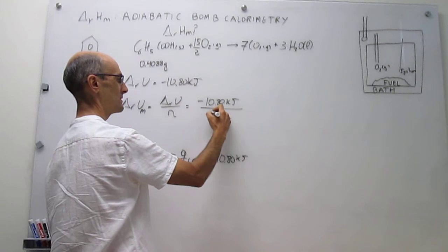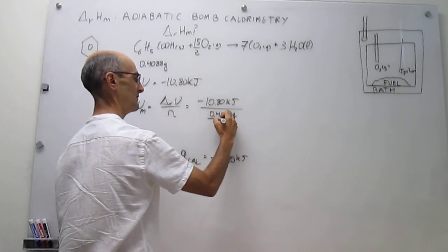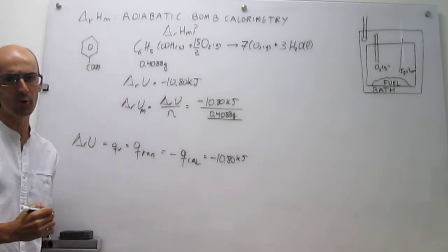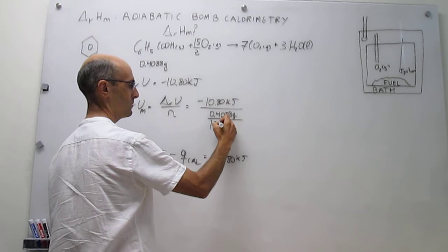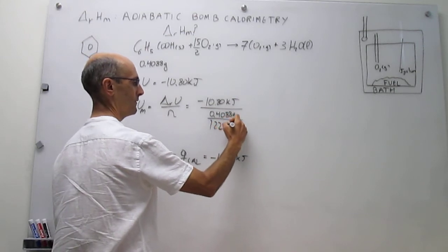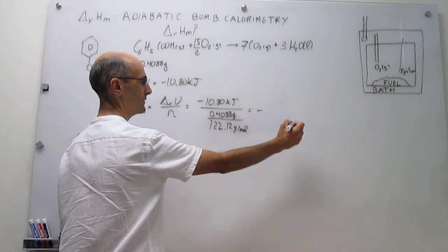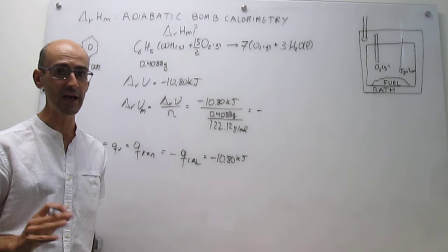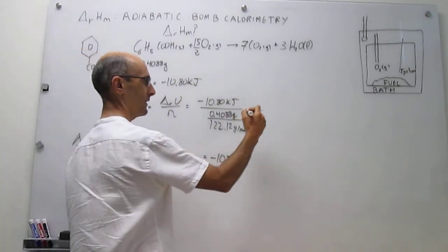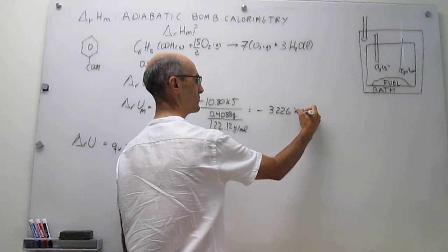So that would be the mass, 0.4088 grams, divided by the molar mass of benzoic acid, which is 122.12 grams per mole. And this is going to give you the internal energy per mole. Okay, so this is minus 32.26 kilojoules per mole.